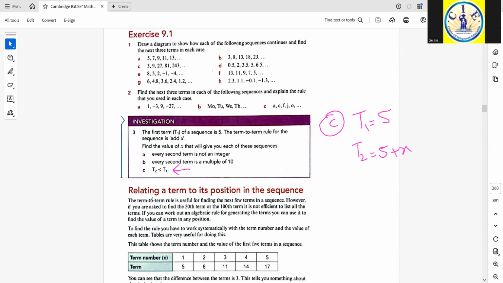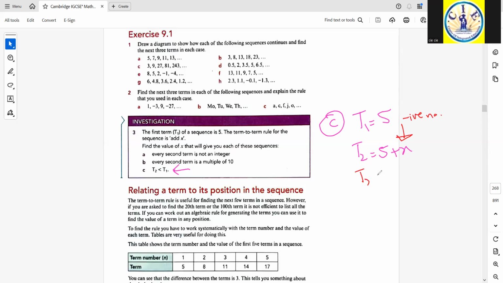So what should I add to 5 so that the next term is lesser than 5 itself? That means I should be adding a negative number. x should be a negative number.